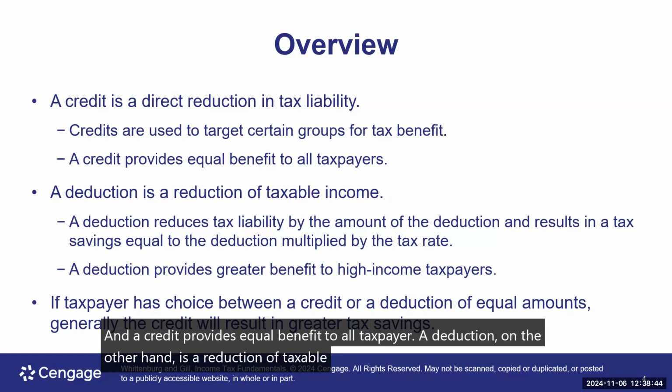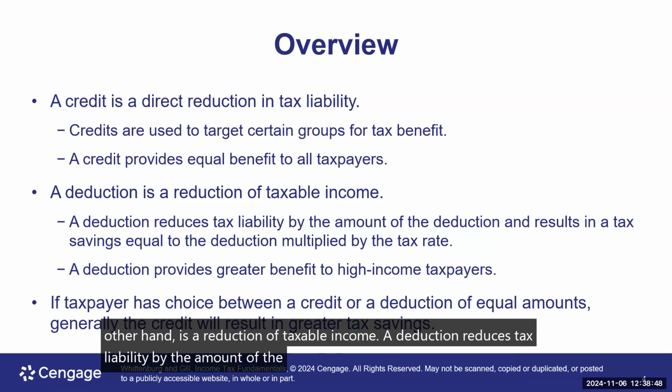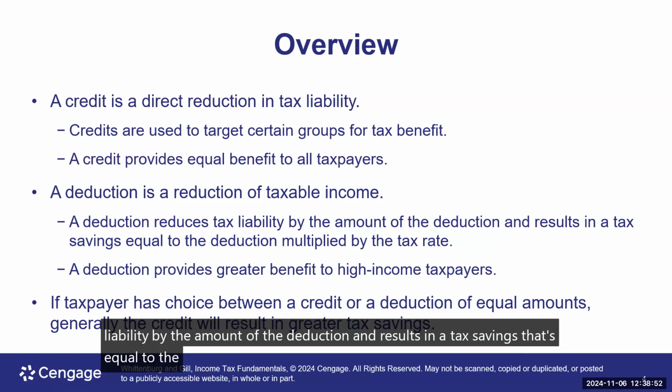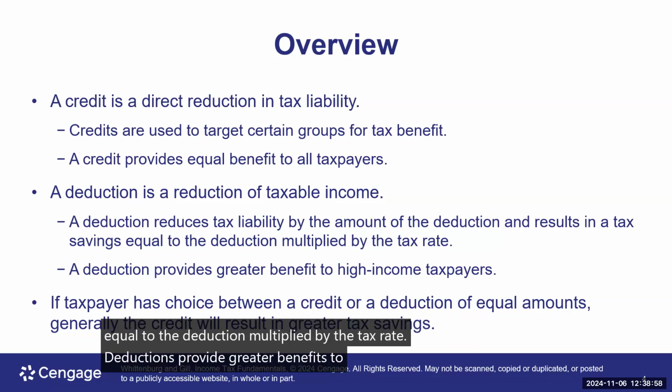A deduction reduces tax liability by the amount of the deduction and results in a tax savings that's equal to the deduction multiplied by the tax rate. Deductions provide greater benefits to high-income taxpayers.